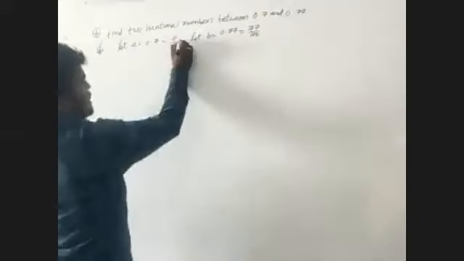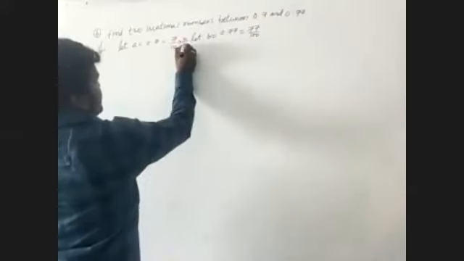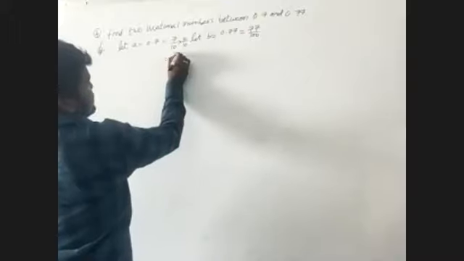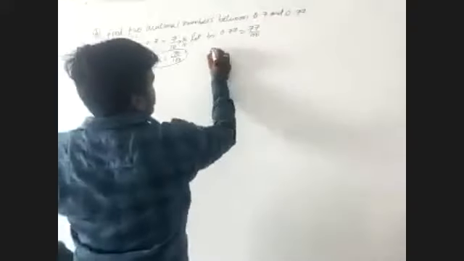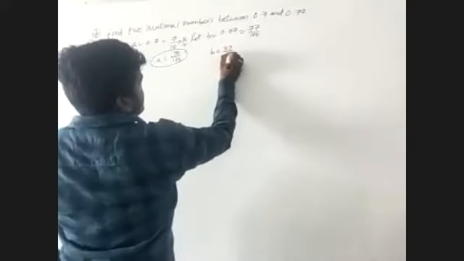Here, the numerator and denominator can be multiplied and divided by 10, so A is equal to 70 by 100 and B is equal to 77 by 100.